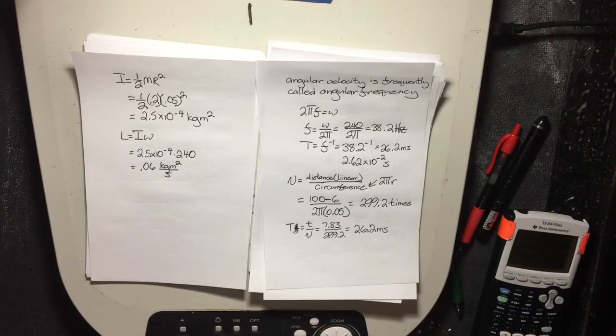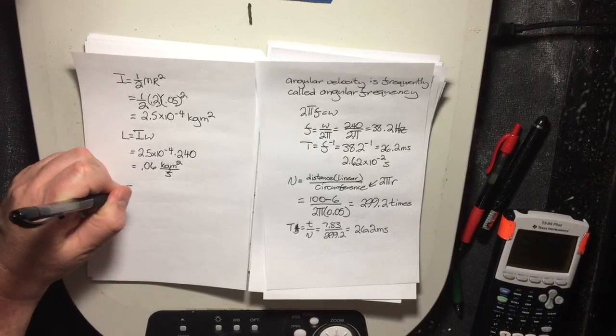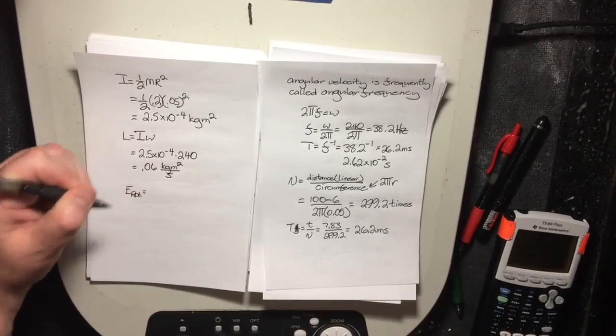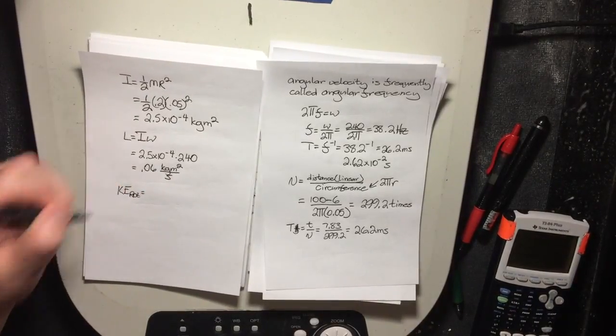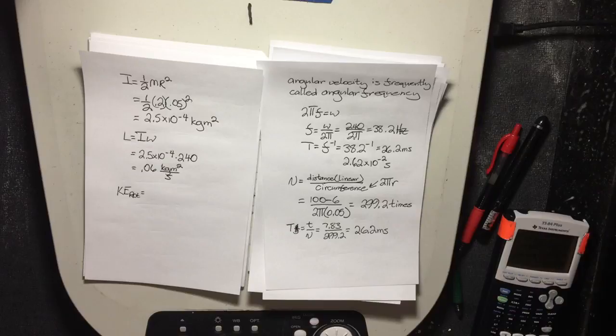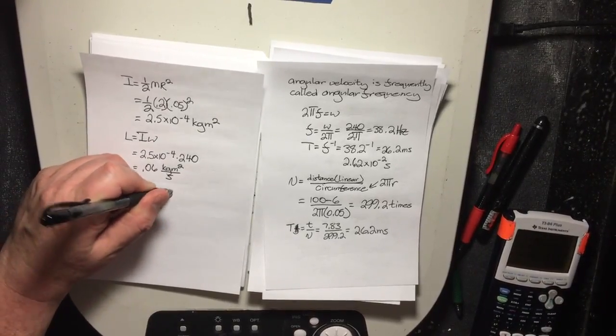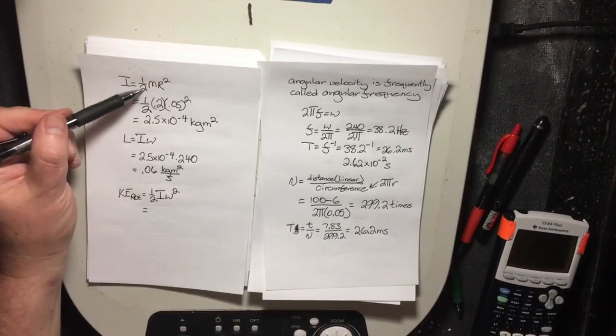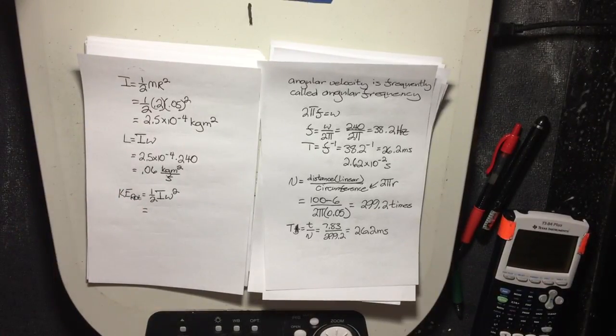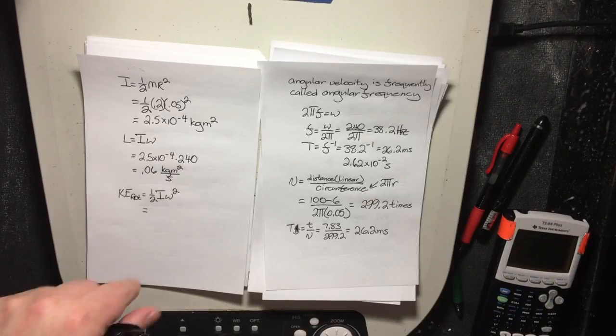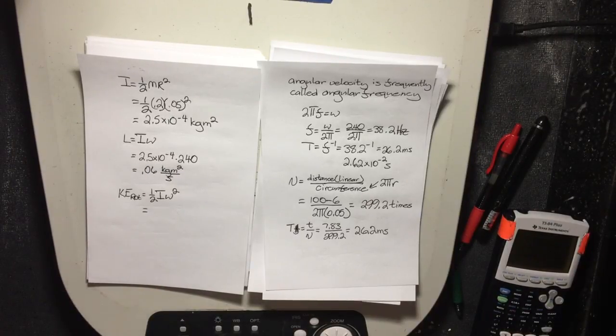Oh, another letter that we could use. E rotational. What is the kinetic energy of the wheel as it's moving? Well, what's kinetic energy? 1/2 I omega squared. Now, all of these equations will be listed on your equation sheet, with the exception of circumference. It's your ability to recognize that I is moment of inertia, L is angular momentum, KE is kinetic energy.